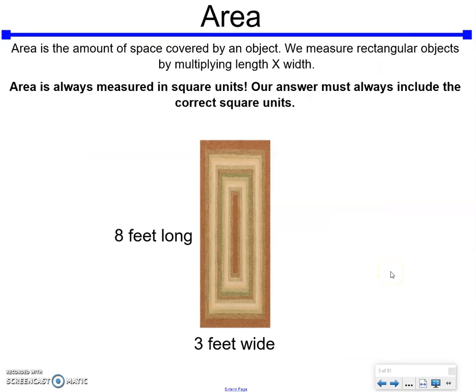Oftentimes in our real lives, we see rectangular objects that we want to know the total area of, or how much space the object is covering. You can see that this is a picture of a rectangular rug that's 3 feet wide and 8 feet long.